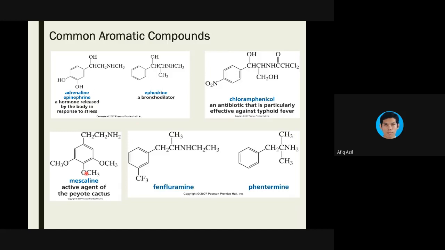Then we have mescaline, an active ingredient which can be obtained from the peyote cactus, basically from a plant. So it is a natural product, which is an aromatic compound. You see the structure contains four substituents: you have ether groups 1, 2, 3, and then an amino group over here.